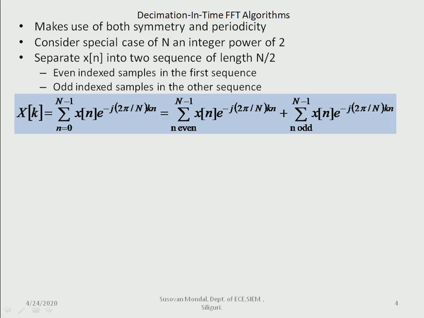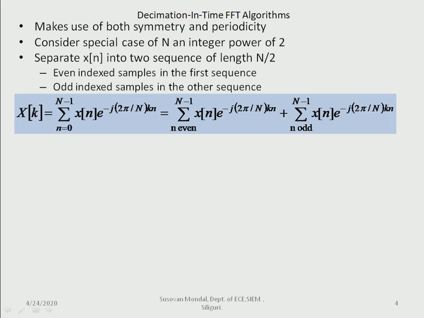So the total number of samples is 8, 0 to 7. Now if I want to decimate those sequences in time, in the DIT algorithm, that means the decimation in time algorithm, we will decimate into two parts. One part contains the even indexed sequence and another part will contain the odd indexed sequence.